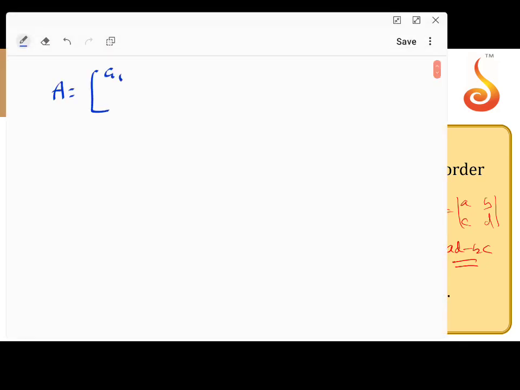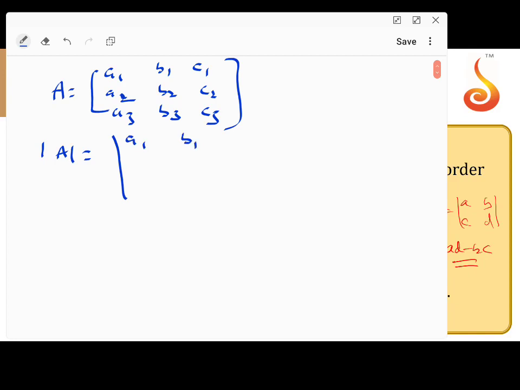Suppose A is a1, b1, c1, a2, b2, c2, a3, b3, c3. Then det A equals... now you can find the value of the determinant. You keep plus here, minus here, plus here.